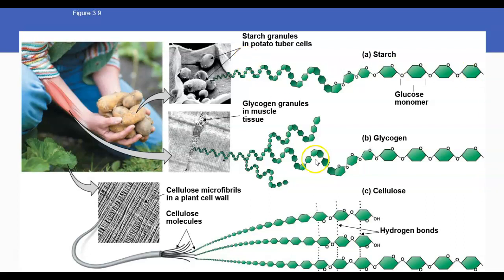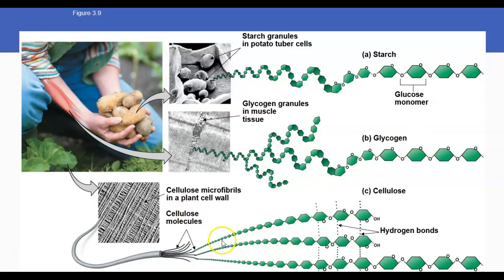We've got starch, glycogen, and cellulose. It's all about how these glucose molecules are linked together. Starch and glycogen are used as energy storage. Starch is energy storage for plants. Glycogen, like us, is how we store our glucose to use for energy. It's a lot more branched, but it's still just long chains. They're really easy for us to cut up when we need some sugar.